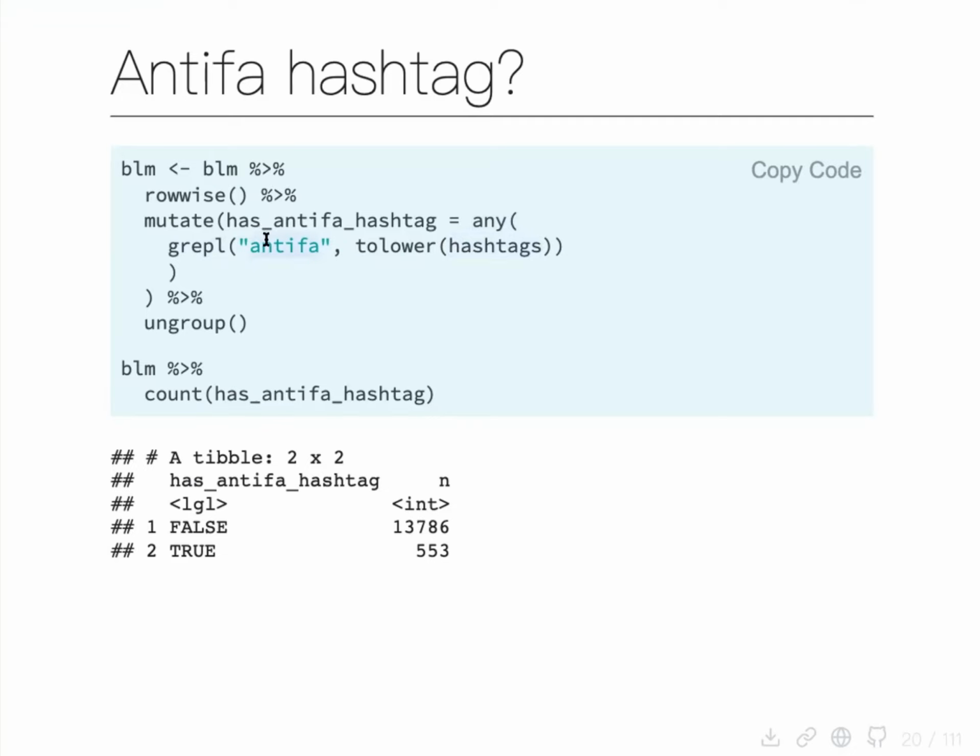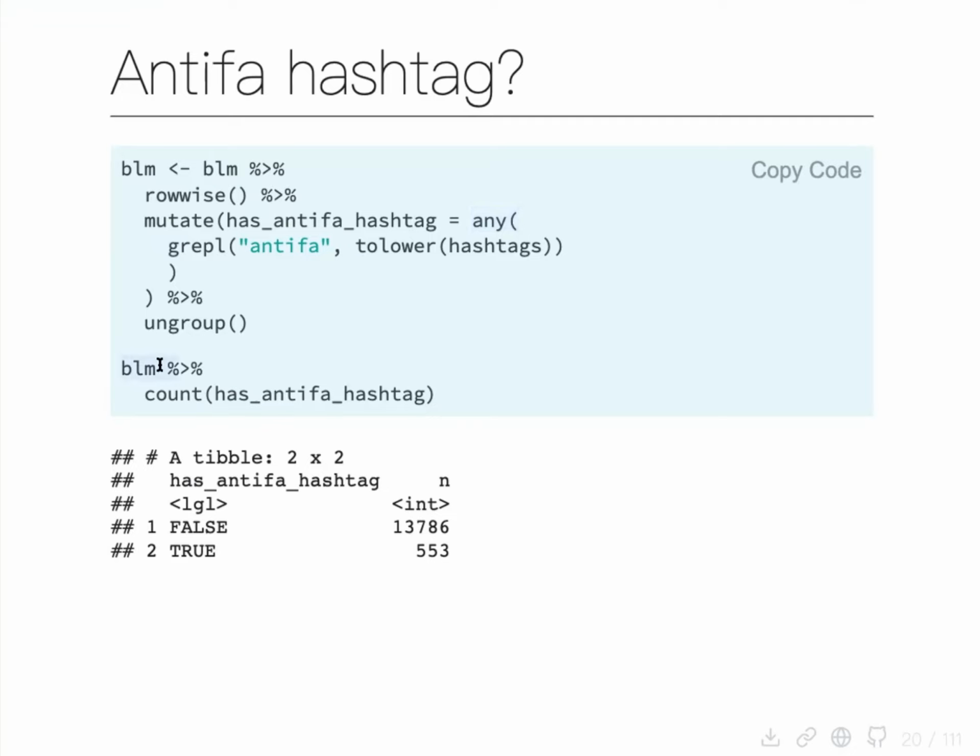I put this all in lowercase because I changed all the hashtags to lowercase, so I don't have to worry about uppercase or lowercase. Basically, let's say there's 5 hashtags and the third one is Antifa. Then that would return false, false, true, false, false. So this any is saying, are any of those 5 true? In that case, it would come back, yes, one of them is true, so return true. If they're all false, then it'll return false.